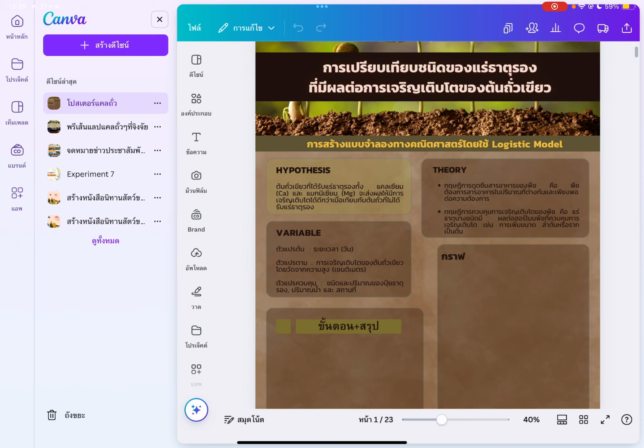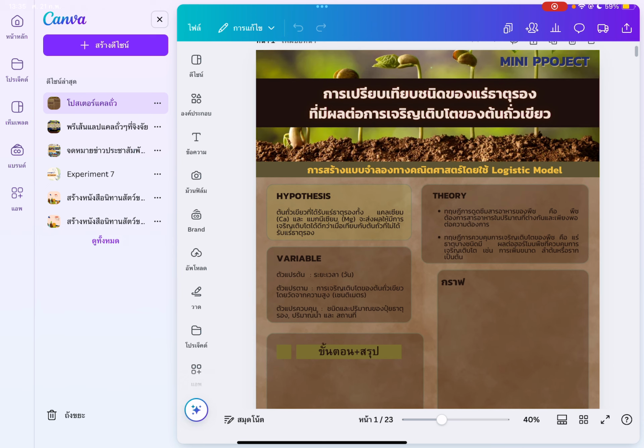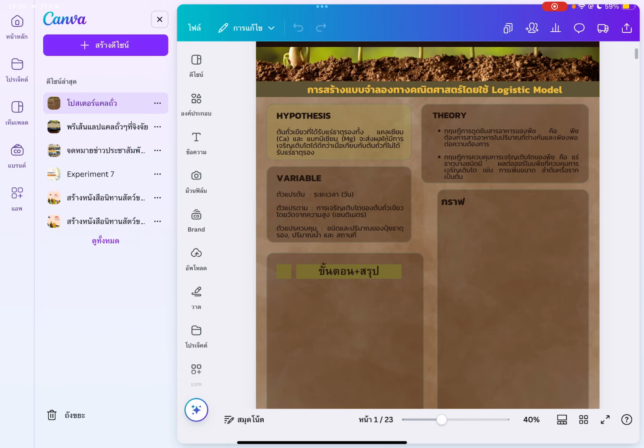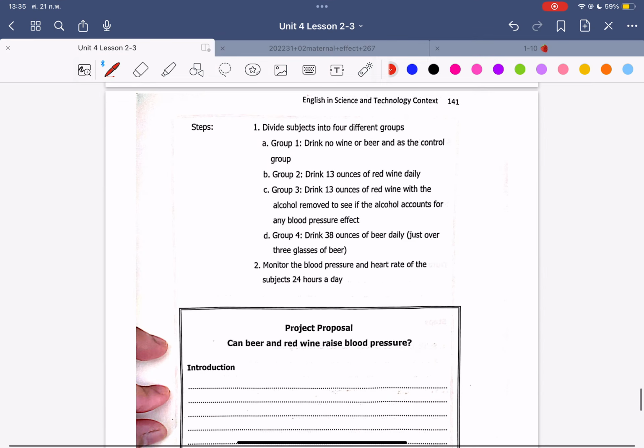What is the goal of this project? ที่ไหนนะ which one? เขาจะดูอะไรนะคะ อยากจะทำอะไร อันนี้ใช่ไหม?